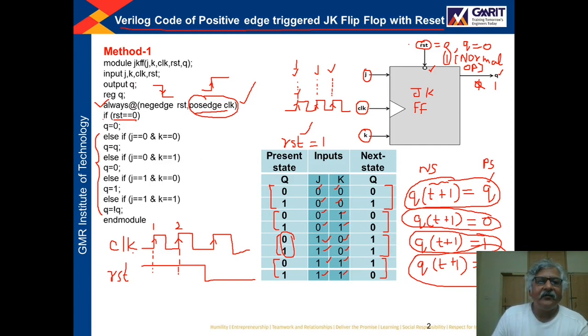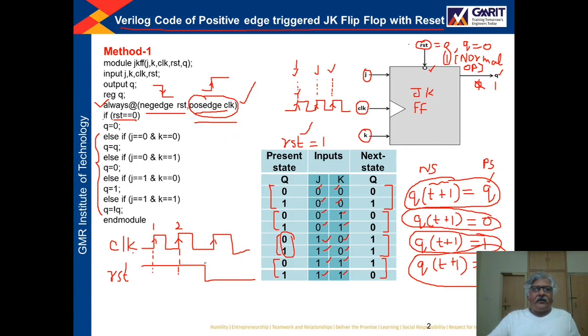Again the conditions will be evaluated and some value will be assigned to Q. After the execution of the last statement, again the always block will be suspended. It will remain suspended unless a negative edge is detected on RST or a positive edge is detected on CLK.